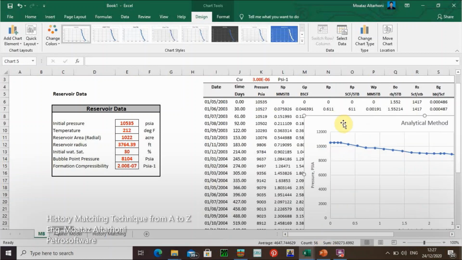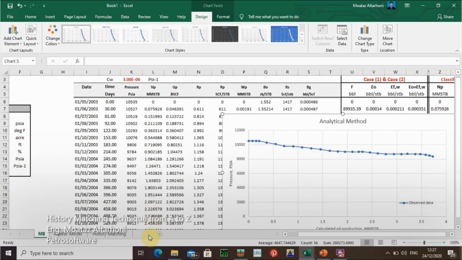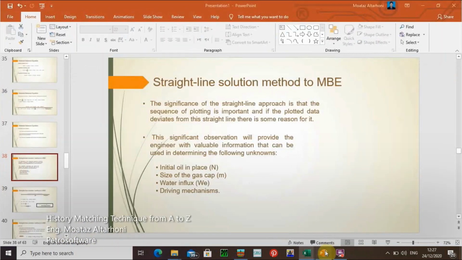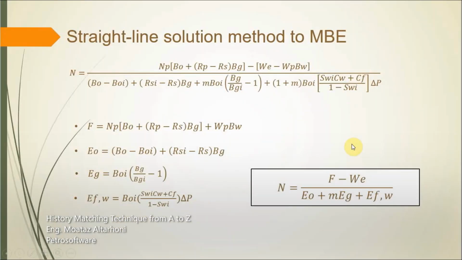So first of all, I need this analytical method. And I will start by using straight line solution method to material balance equation. This by Havlin and Oda method.